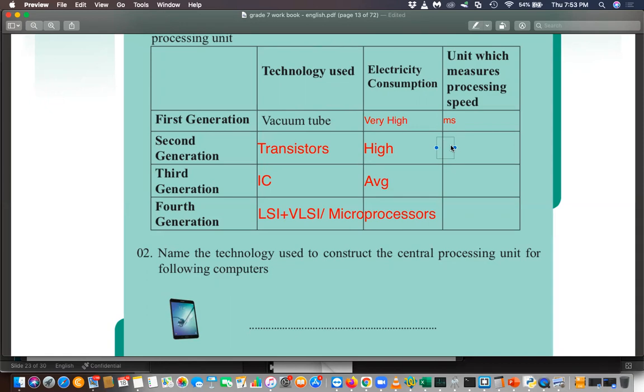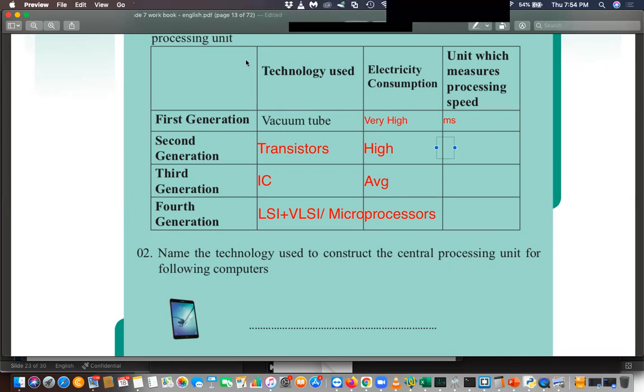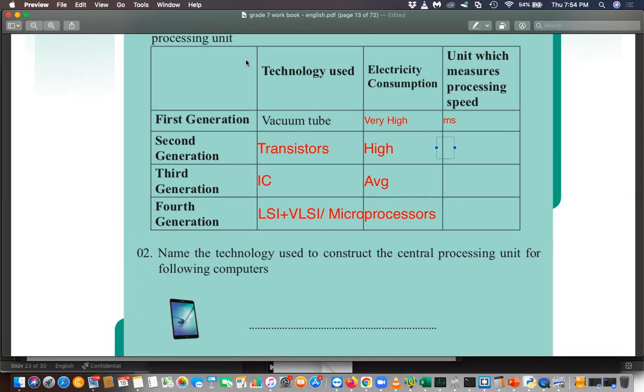In the first generation it is milliseconds. Then the next one, second generation, what was the measurement unit? Can anyone remember? We discussed this last day. Yes, microseconds. Milli, micro, nano, pico.